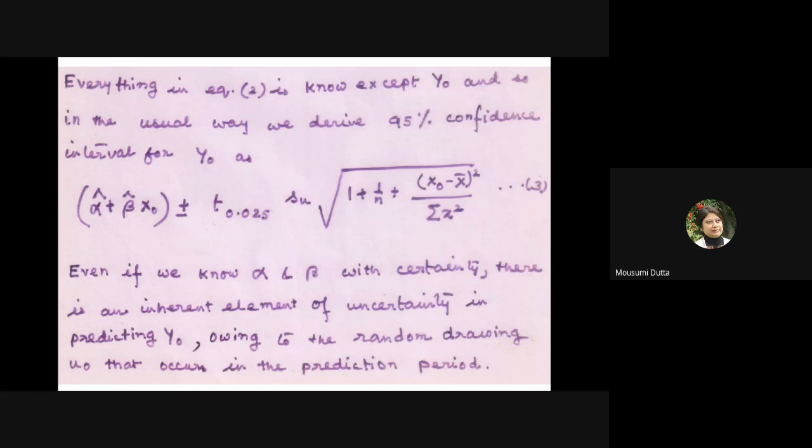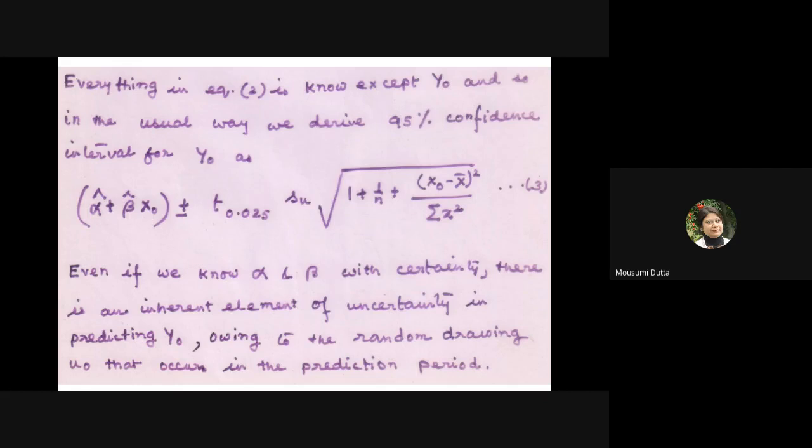So please write down the formula first. The 95% confidence interval for y naught hat, or better to say y naught, because it is the interval estimation for y naught, is given by alpha hat plus beta hat x naught plus minus t 0.025.